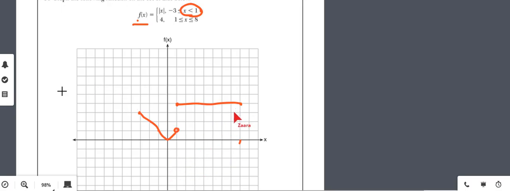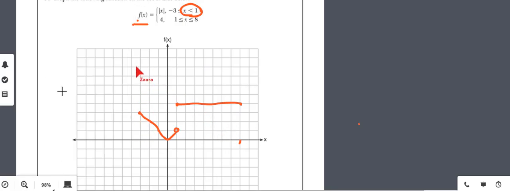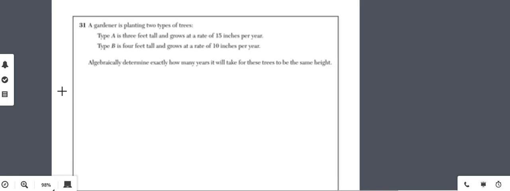Clear? And keep in mind, I didn't make any arrows on the left side or on the right side. Why? Because the domain is restricted. It is from -3 to 8, right? So I will get line segments, not a line. We make a ray or line with arrows to indicate that the domain is increasing or infinite.